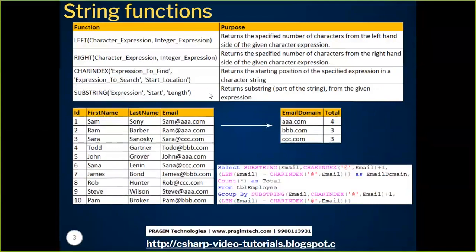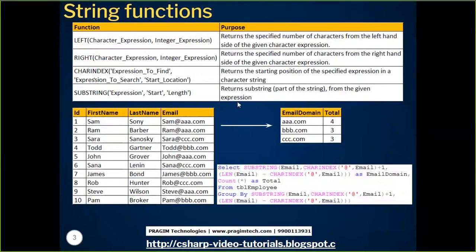So to achieve that, we have another function called substring. Substring returns a part of the string from the given expression. So the char index returns the position of a specified character within a string, while substring actually returns a string or part of a string.